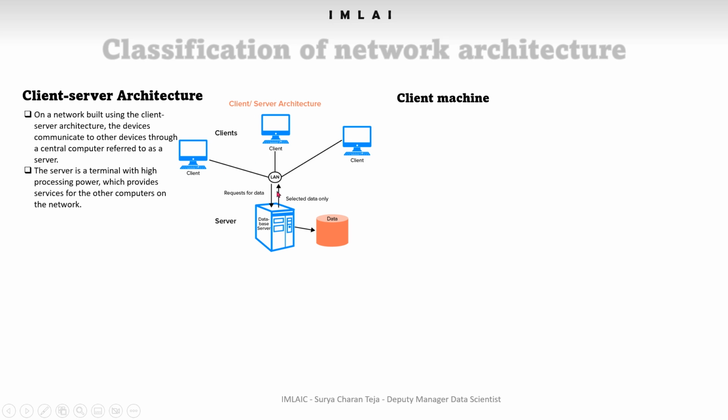Basically they request data, and then our server serves the data from the database, only the data they request. If client 1 requests a certain amount of data, the server will route that specific data to client 1, and then client 2 and client 3 as per their requirements.